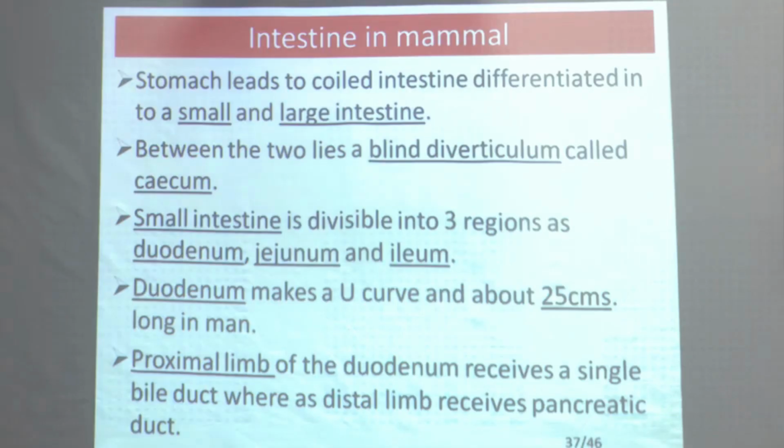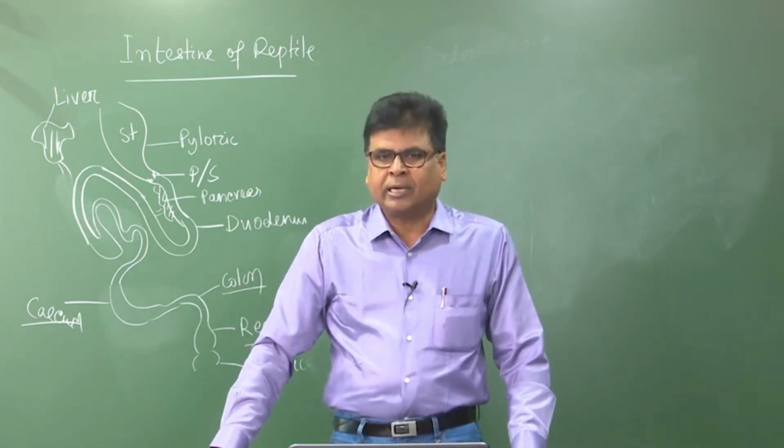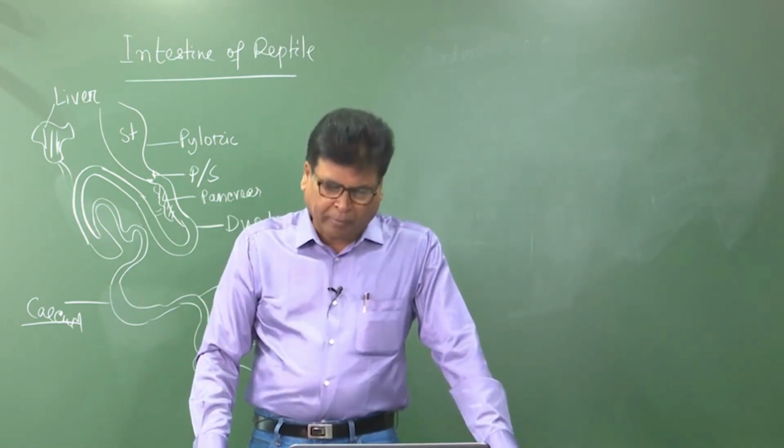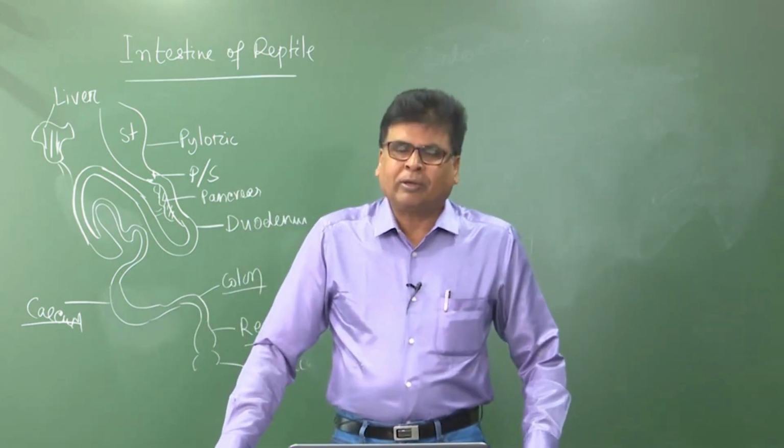This is most developed, because this is a structure generally present in us. The mammal is the most highly developed group among the tetrapods, and the intestine is most developed in the mammal. Now we shall study the intestine in mammal.